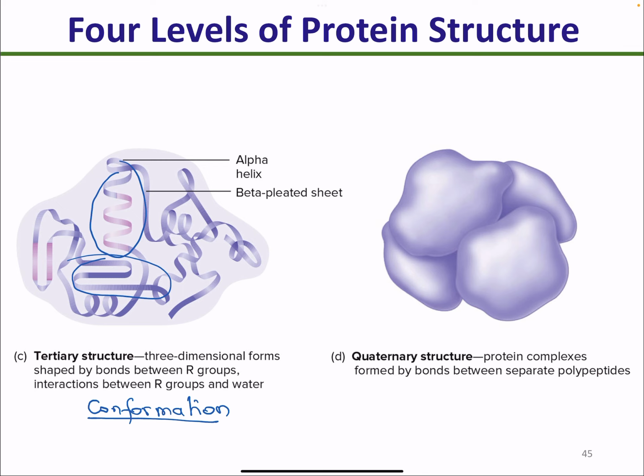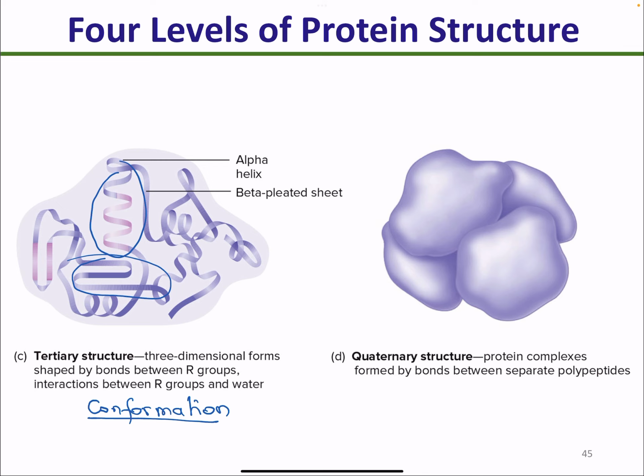Not because there is an issue with that protein, but because they don't want to or don't know how to do a work on their own. So they have to complex with other proteins.